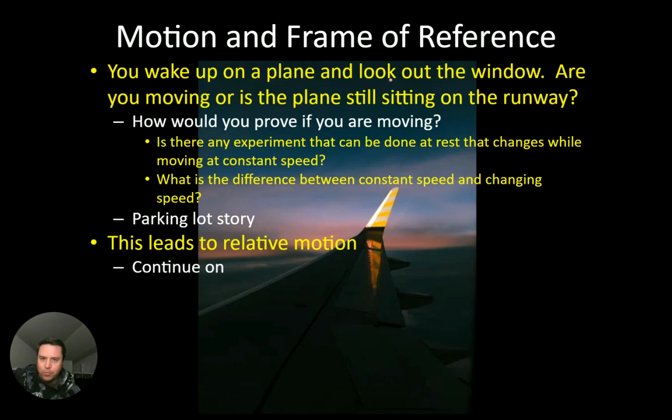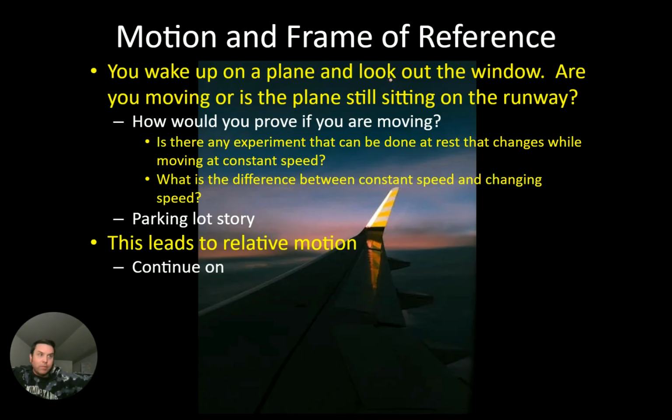So how do you prove if you're moving? Is there an experiment that can be done at rest that changes while moving at a constant speed? I'm going to give you the answer, but is there anything you could do experimentally that could prove you're actually moving? Now, you could look out the window and there are going to be context clues.